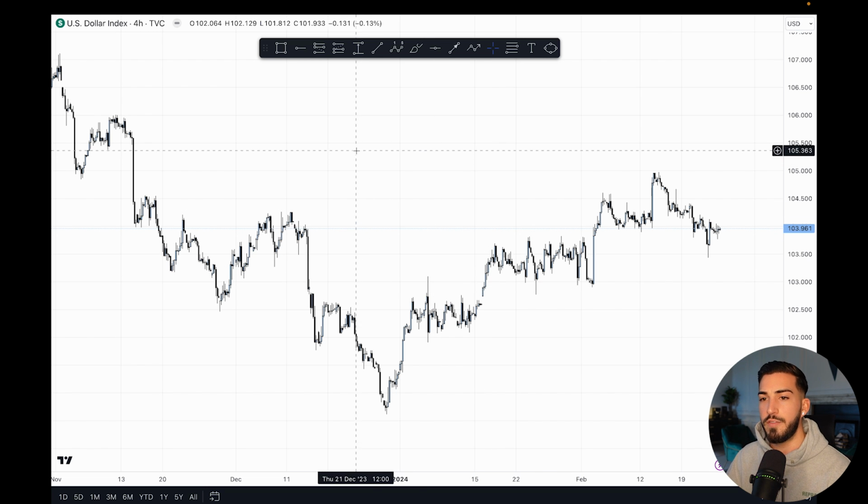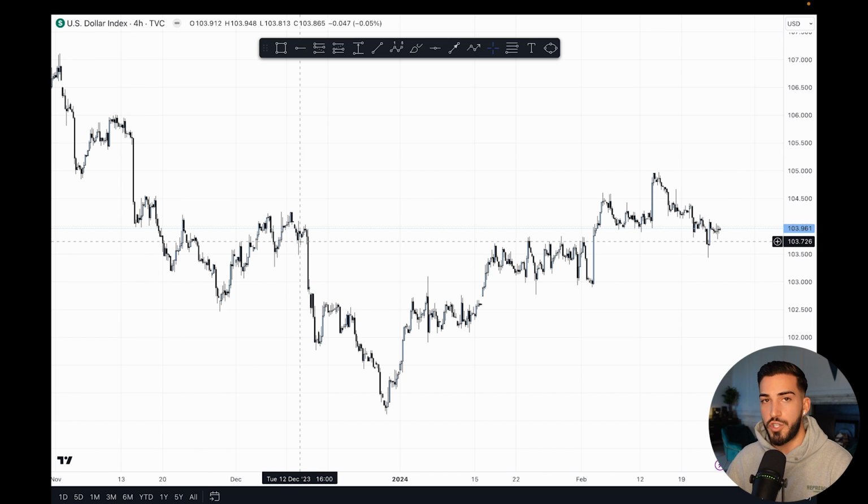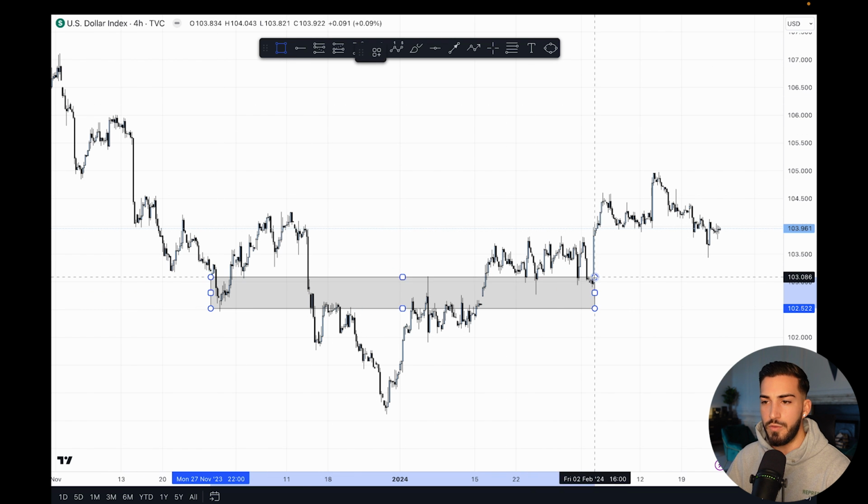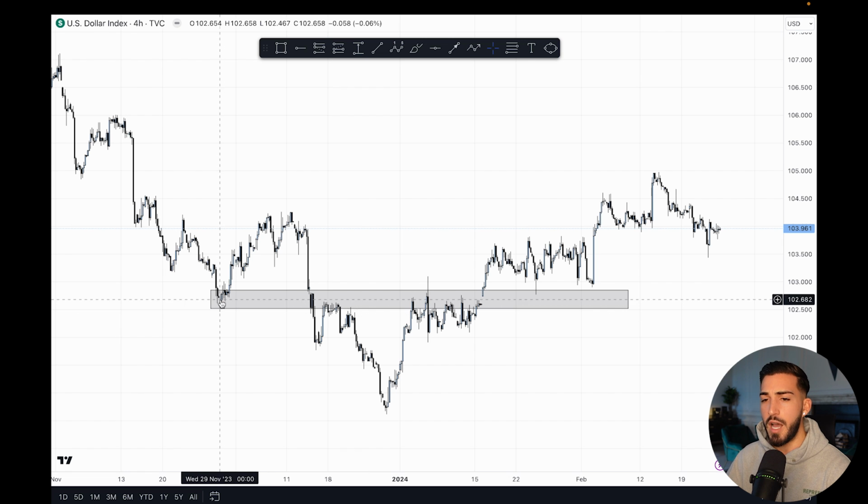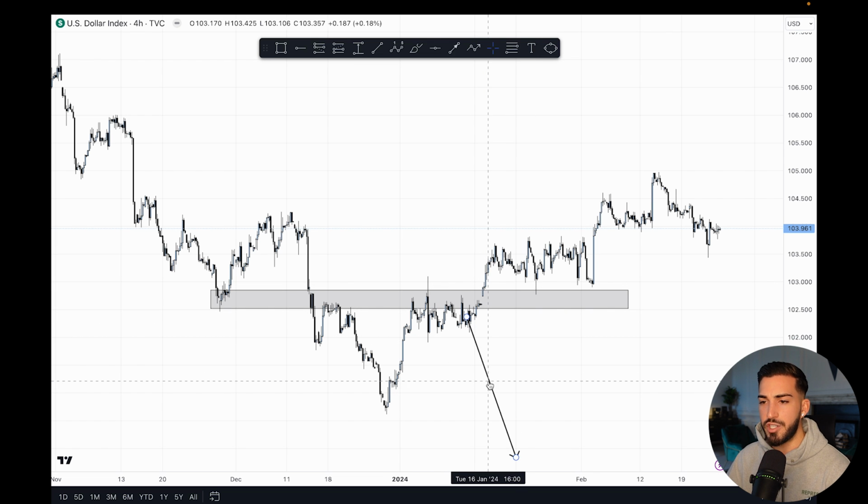So first thing I can notice is price was trading to the downside. Price was definitely in bearish market structure, forming lower lows followed by lower highs. And then price made that switch when we used this level of support as a resistance here, and then rather than forming a new lower low and breaking to the downside here, we actually did the opposite.